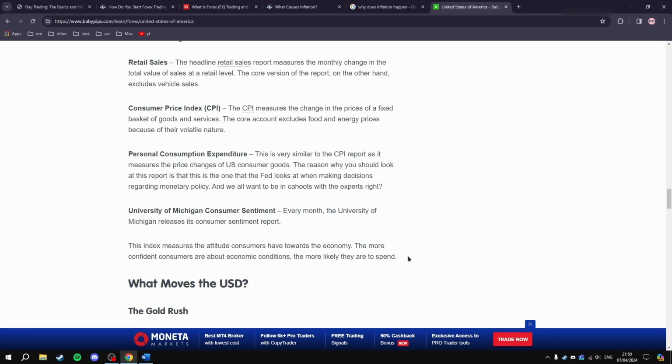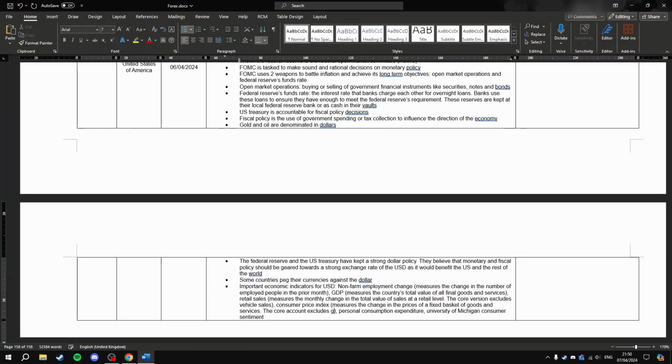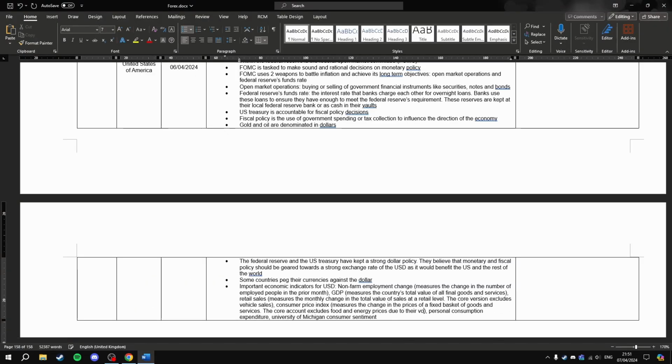You have one set of goods and services in comparison to the next month, and then you can see how much price has changed. Right, okay, I see. So the core count excludes food and energy prices due to their volatile nature.